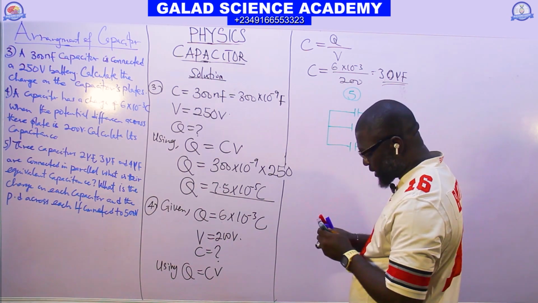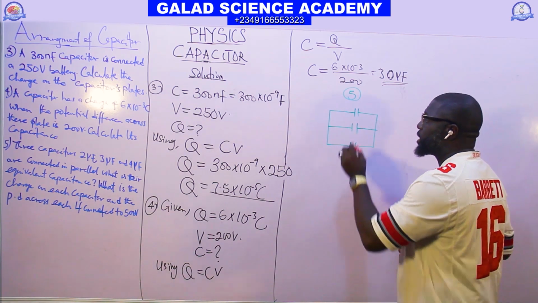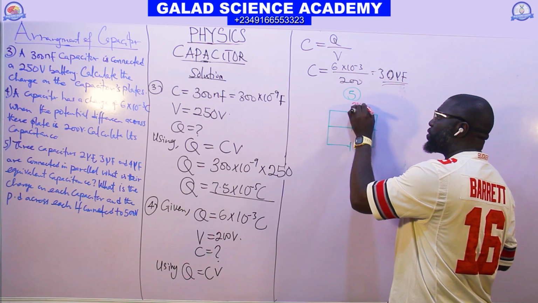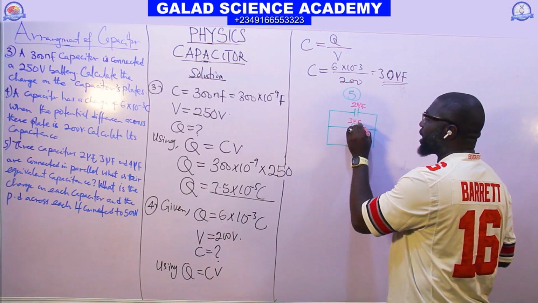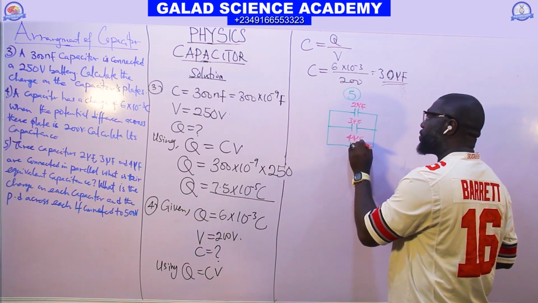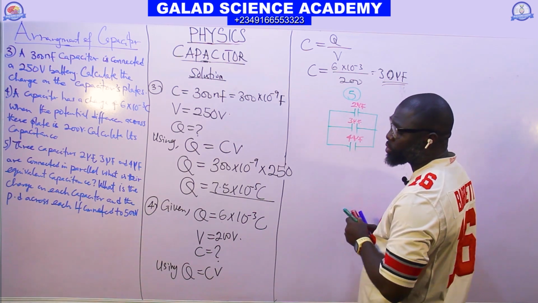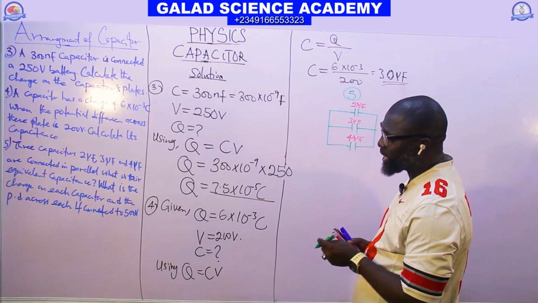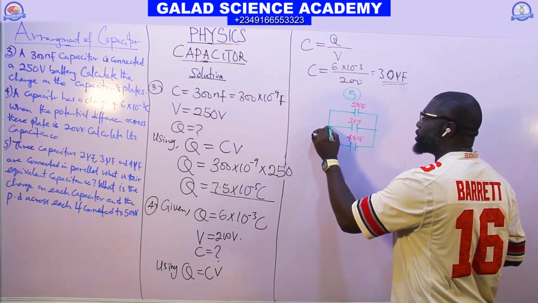The first capacitor is 2 microfarad. The second one, we are given 3 microfarad. The third one, we are given 4 microfarad. They are connected in parallel, connected to a battery of 500 volts.